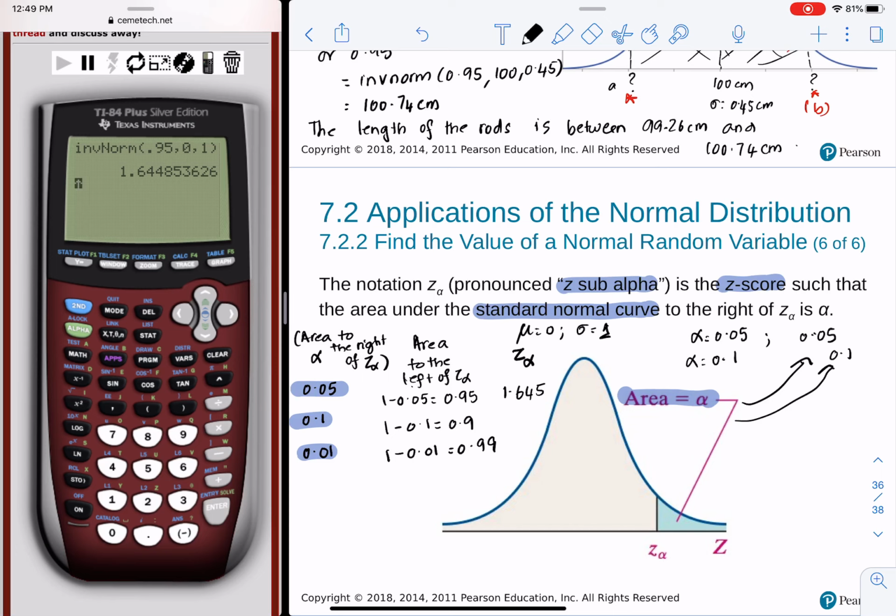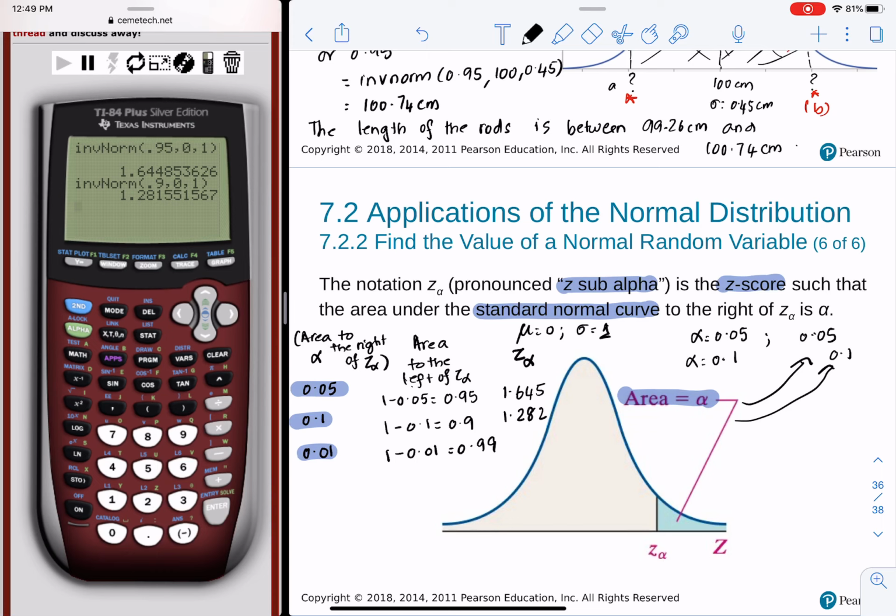So the second case, the area to the left of Z alpha or below Z alpha is 0.9, mean is 0, standard deviation is 1, and the answer is 1.282.